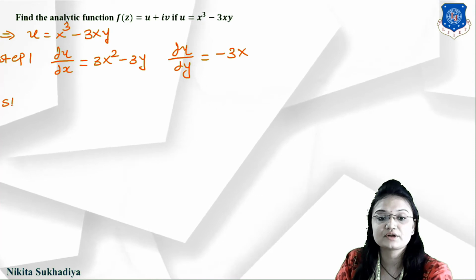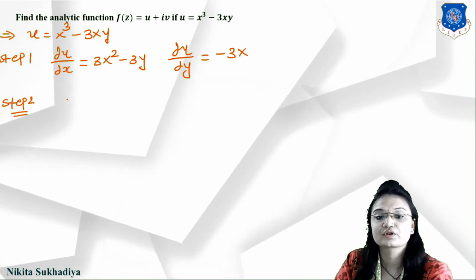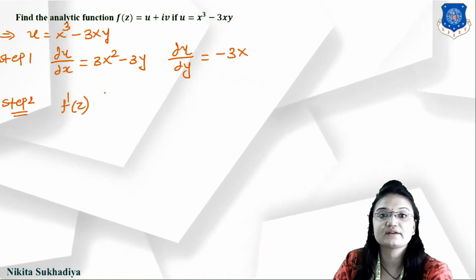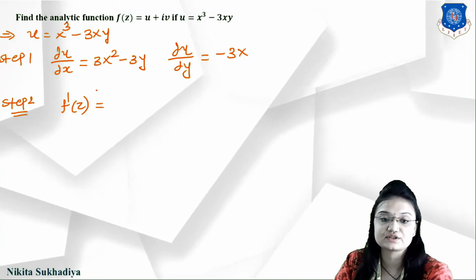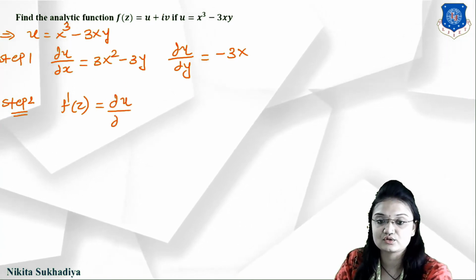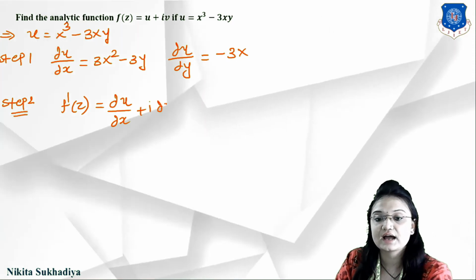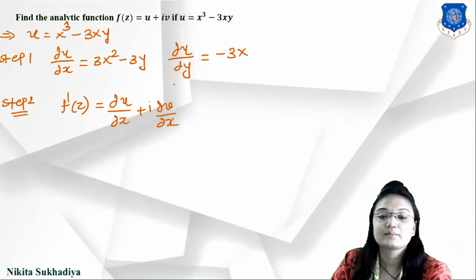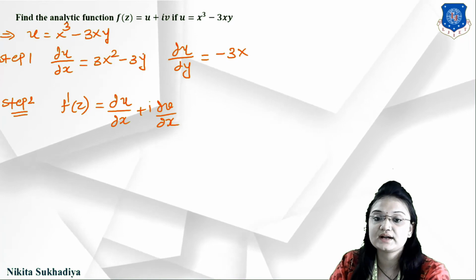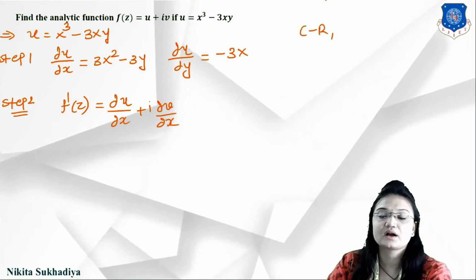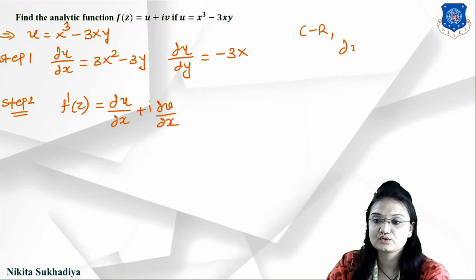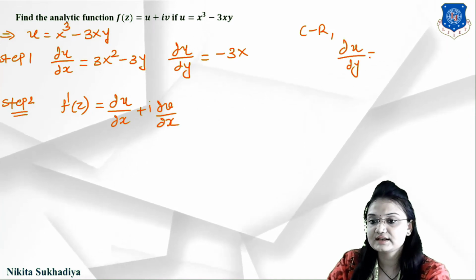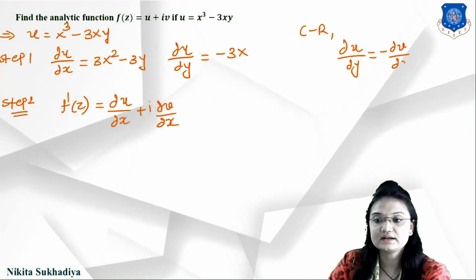Okay, step number 2, find f dash of z. So f of z is equal to u plus iv. So f dash of z will become del u by del x plus i del v by del x. But here we have only del u by del x and del u by del y. According to the CR equation, we can write del u by del y equal to minus del v by del x.